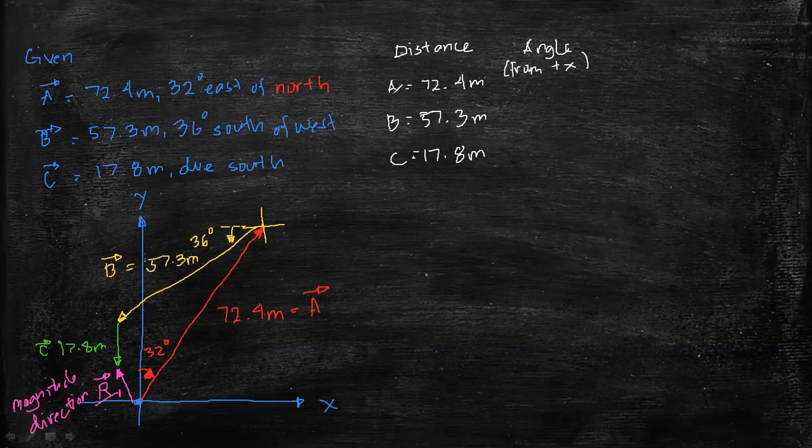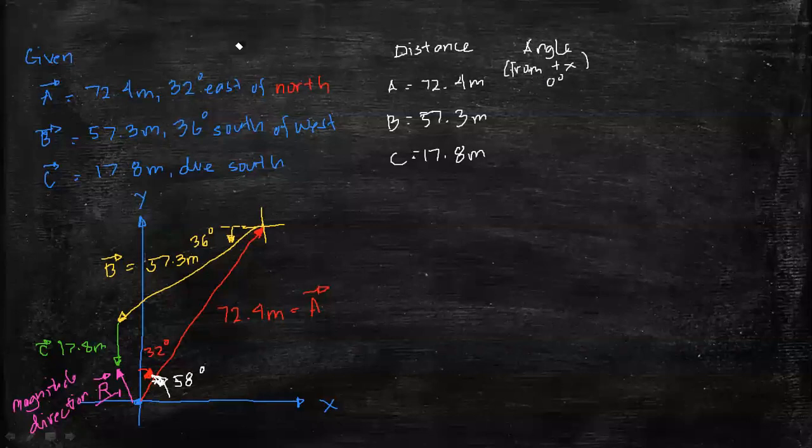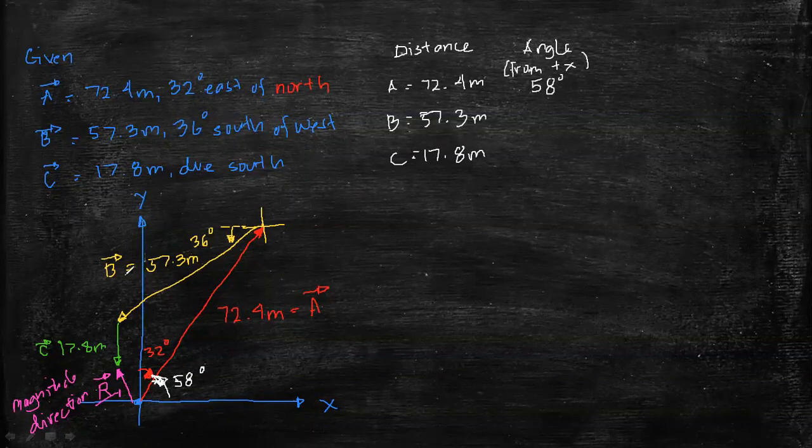Therefore, the angle for vector A is this one, which means this is 58 degrees. For vector B, from positive y-axis, this is 216 degrees.